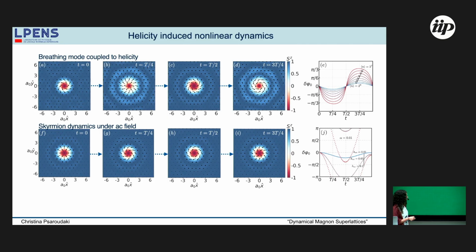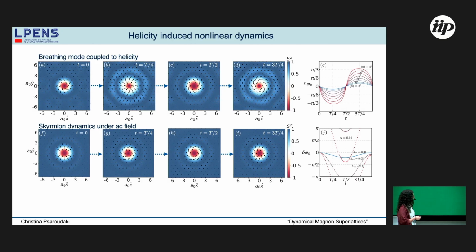And here is a plot of how the skyrmion helicity changes over time. This has been plotted using the coherent state representation. So given a different choice of the total number of magnons, the helicity fluctuates strongly, so it depends strongly on the choice of the number of magnons for this mode.